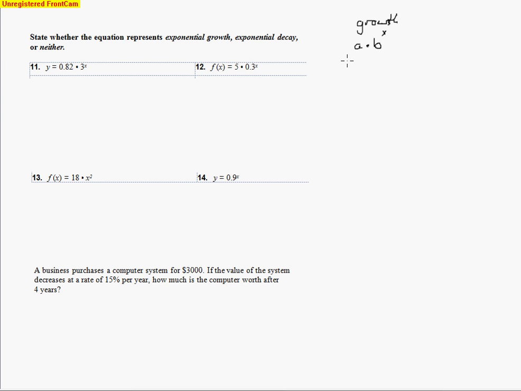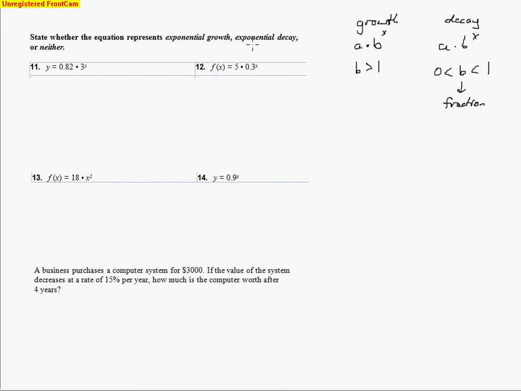If B is greater than 1, that's going to be growth. Decay is going to be A times B to the x power, but B is going to be between 0 and 1. So that means it's a fraction of a number, and that's what we're looking for.